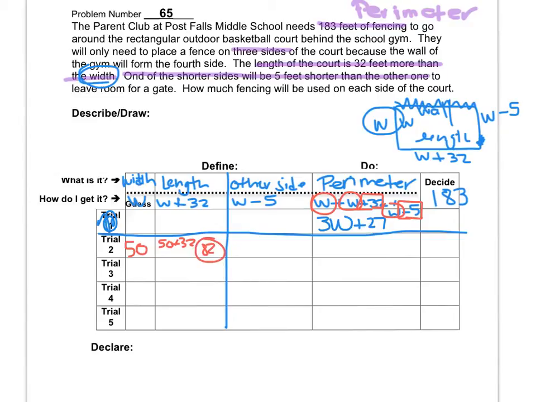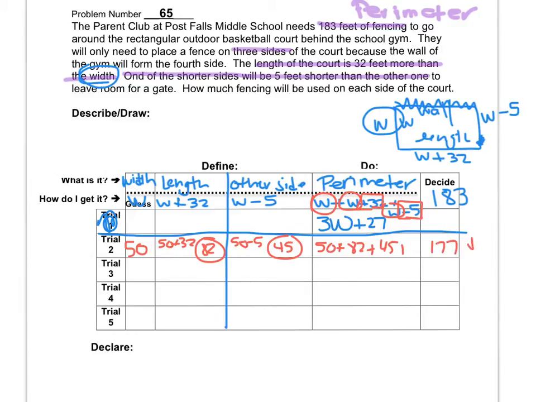And my other side would have been my width, which is 50, minus 5, which is 45. And so the perimeter, I could use 3 times 50 plus 27, or I'm just adding the 3 sides. So I've got 50 plus 82 plus 45, and that ends up being 177.